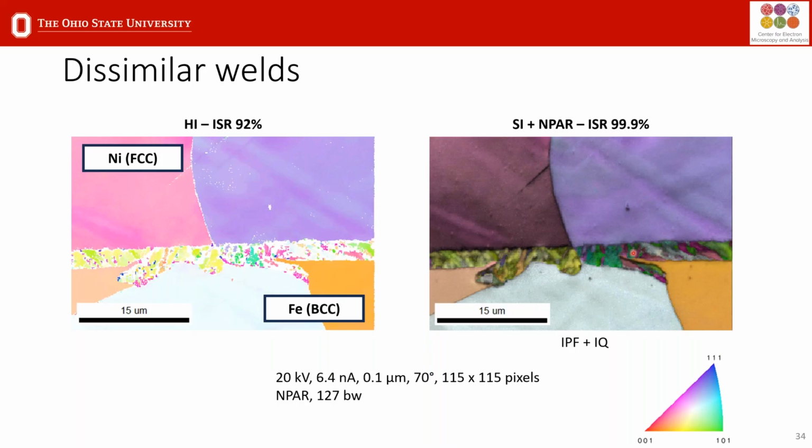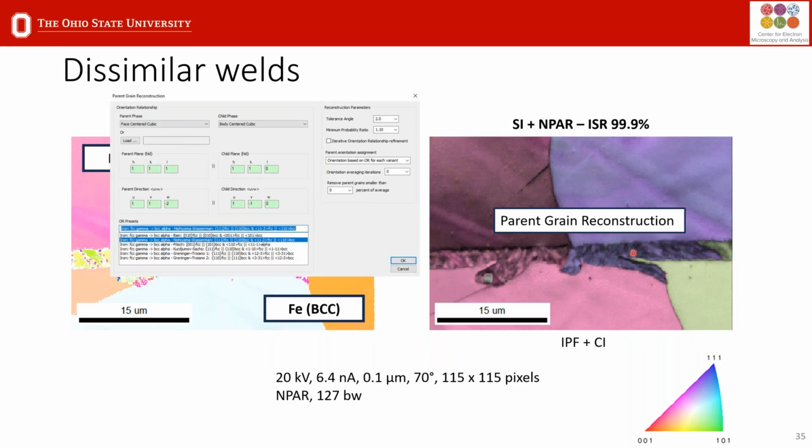And in the OIM analysis software, you can also do prior parent grain reconstruction. So after re-indexing, you can do this parent grain reconstruction, where you choose an idealistic orientation relationship and then reconstruct from these martensitic laths the high temperature phase.